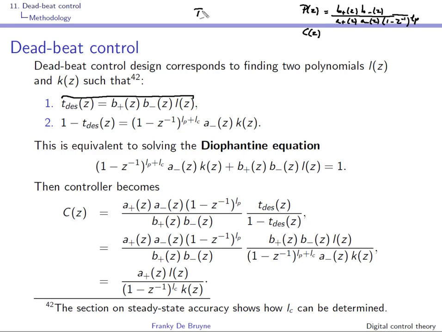Remember that we have imposed that pc over 1 plus pc is equal to t desired.